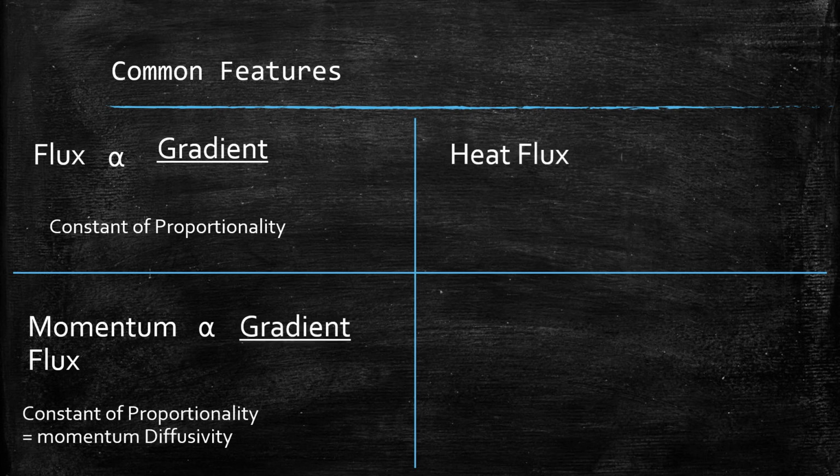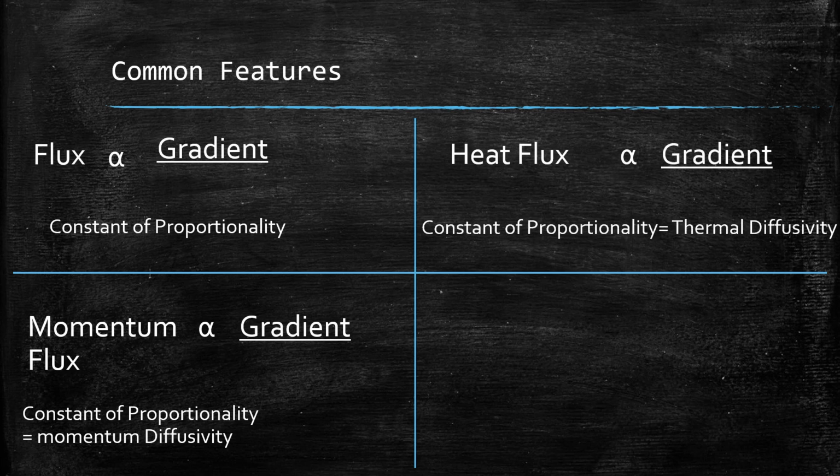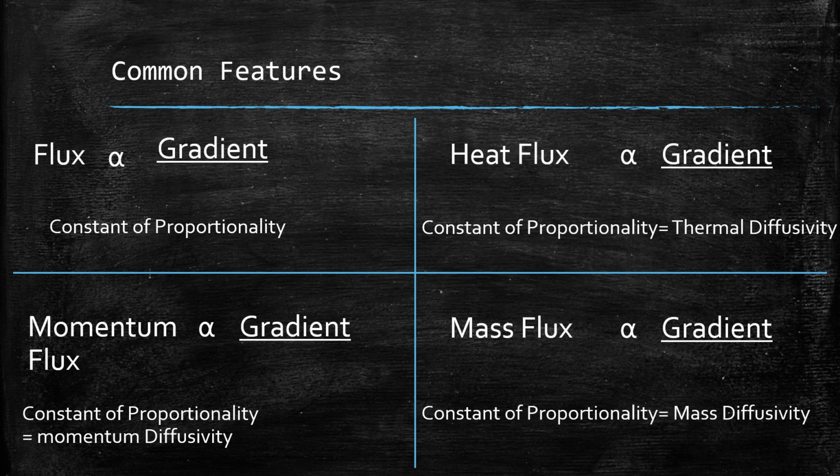For momentum flux, again it will be directly proportional to gradient. So on the right side of the proportionality you are seeing the cause, and on the left side of the proportionality you are seeing the effect. So for momentum, higher momentum flux would be there for higher gradient, lower momentum flux would be there for lower gradient.